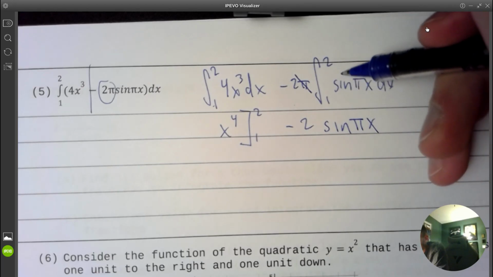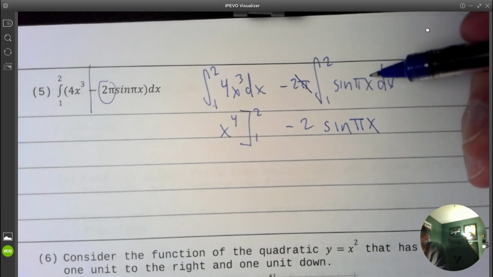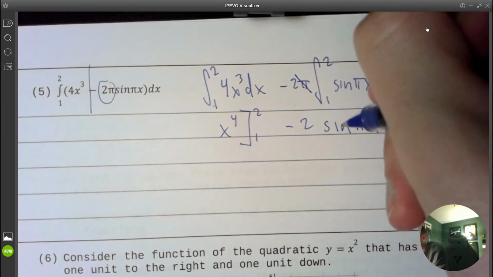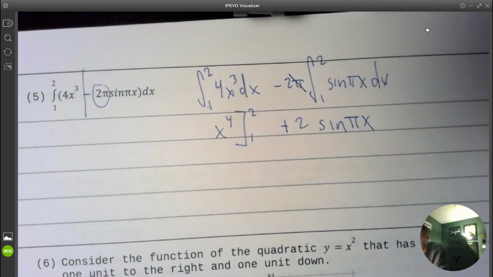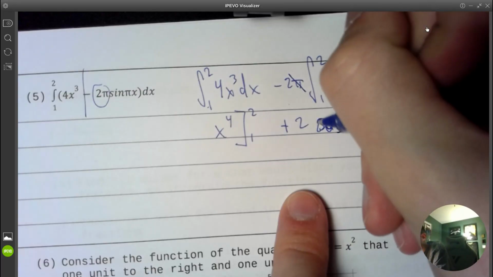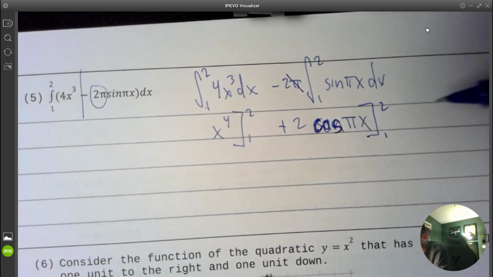But I have to take the integral of sine. Sine becomes cosine, cosine becomes negative sine, negative sine becomes negative cosine, and negative cosine becomes sine. So this should be a positive now because the integral of sine is cosine. That's from 1 to 2.